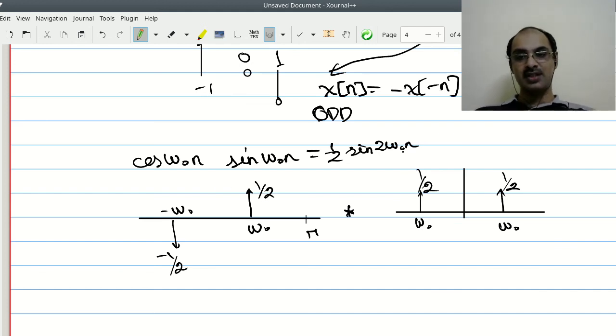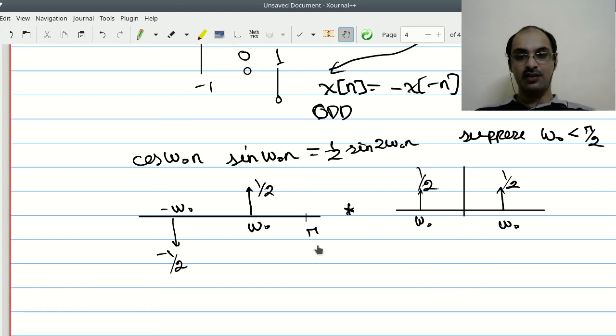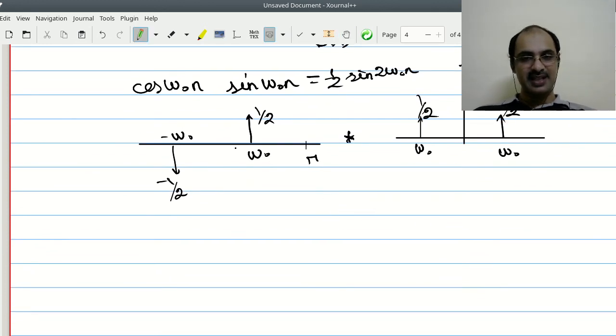So suppose that omega naught is less than pi by 2. Okay, in this case it is less than pi by 2. Then the convolution is easy. The convolution is going to give you, you're just going to place this at 2 omega naught.